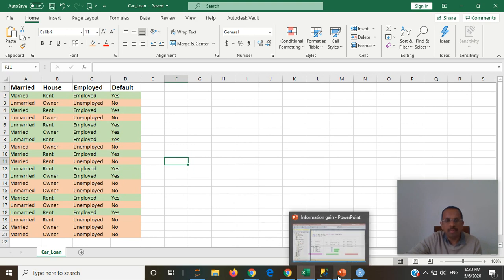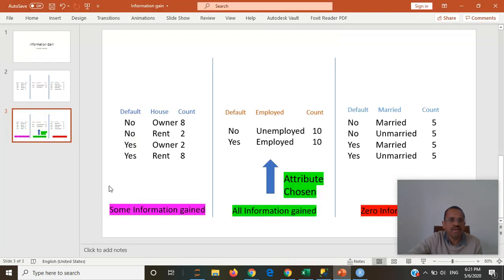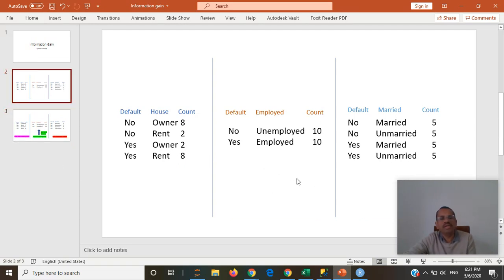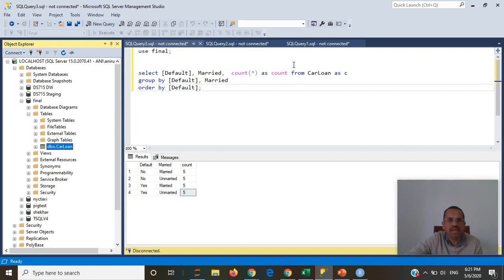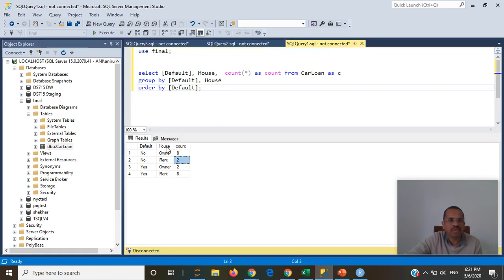So to get that criteria, I have classified this into this count, and I got this count from this simple SQL. So this is for the column of whether the person owns the house or rents the house. These are very simple SQL statements, and from these statements we can get these type of numbers.